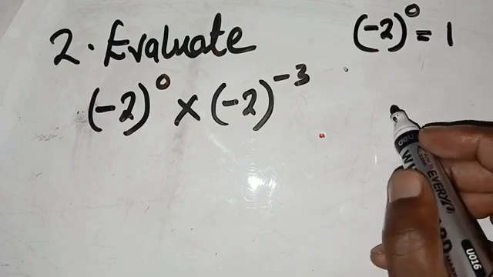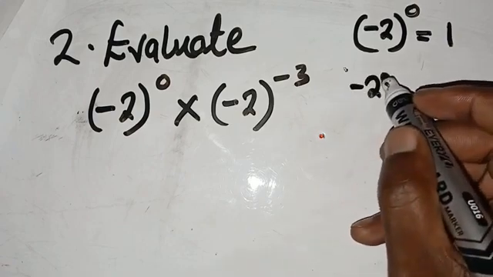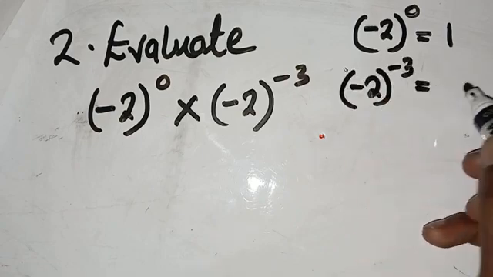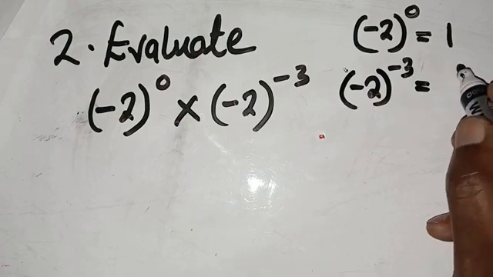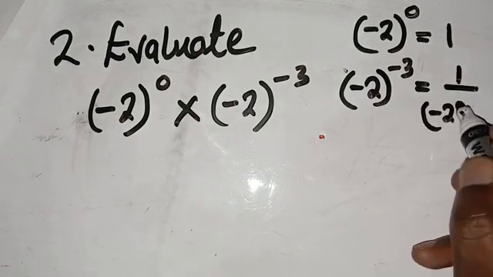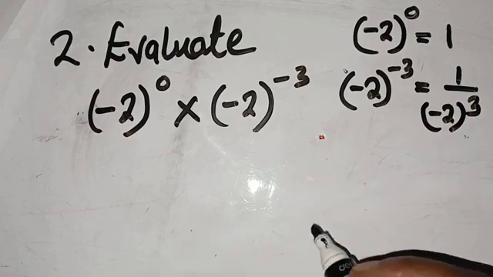So this is going to give us 1. Then -2 to the power -3. Remember, we need to put a 1 over, then now -2, and then 3, like this. Do you get that, ladies and gentlemen?